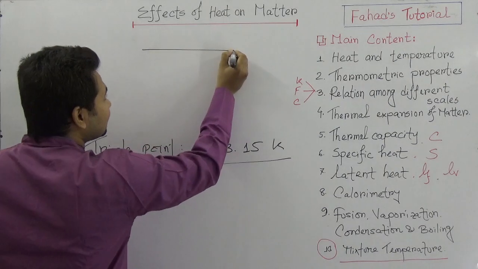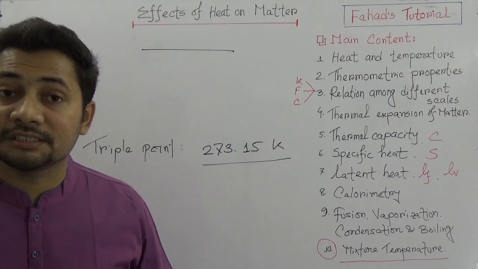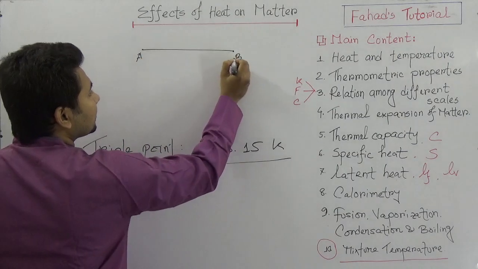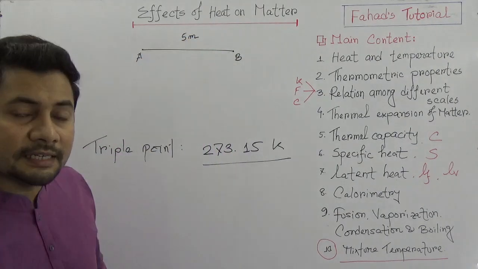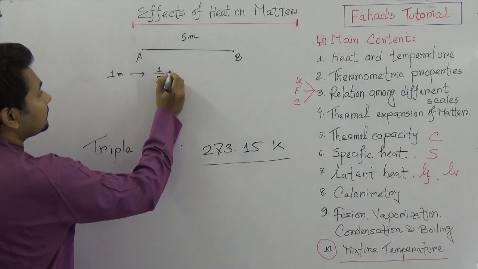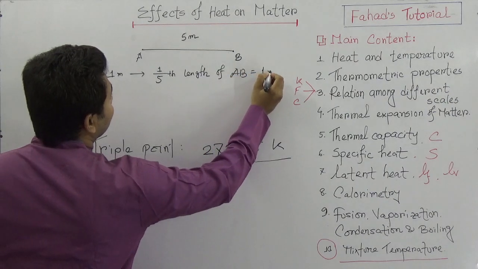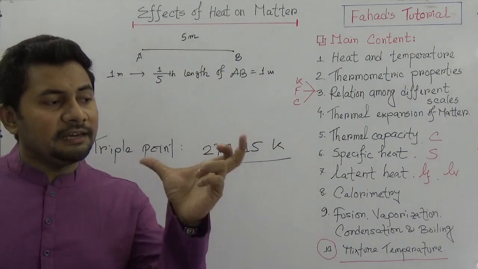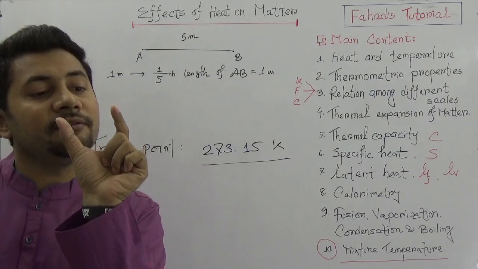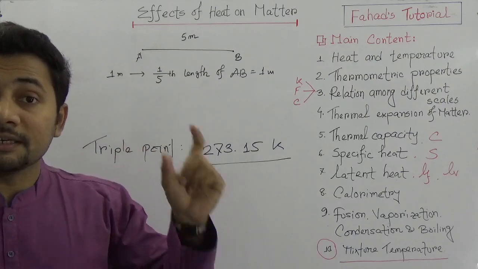If this is a length of 5 meters, and I ask what is 1 meter, then if it is AB and AB is 5 meters, the definition of 1 meter is 1/5 of the length of AB. Because I know AB is 5 meters, if I divide it into 5, each part is 1 meter.